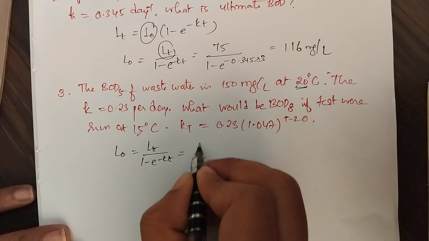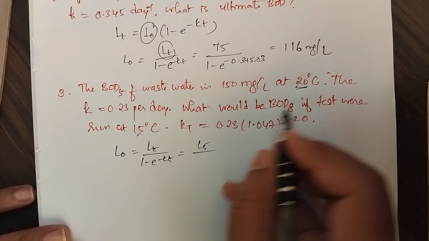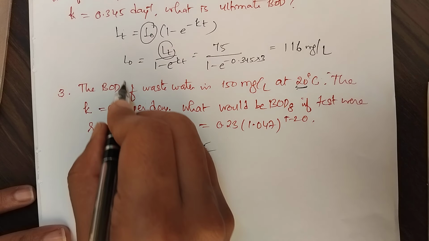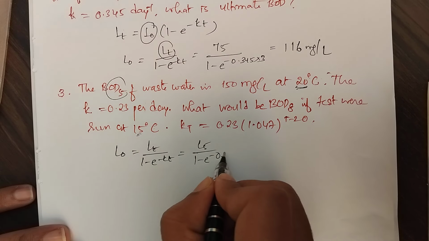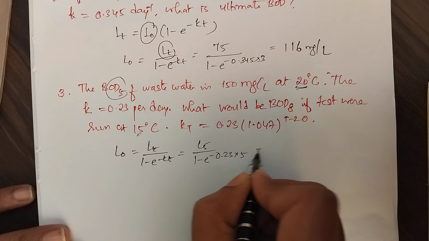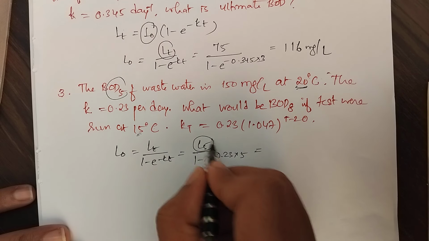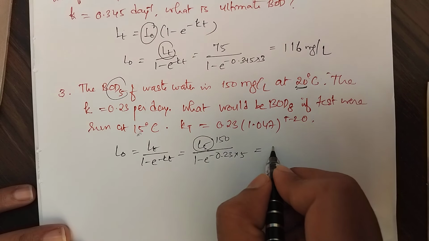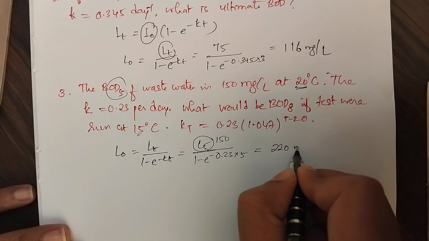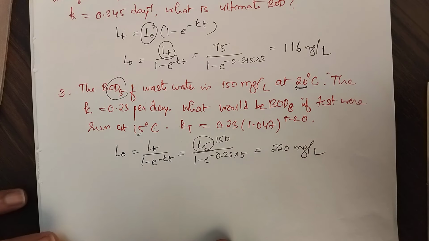For the case of 5, L5, because we are given the BOD5 initially, minus 0.23 into 5. So this value is 150. If you compute this, you get around 220 milligram per liter.